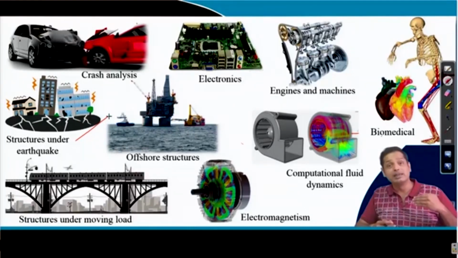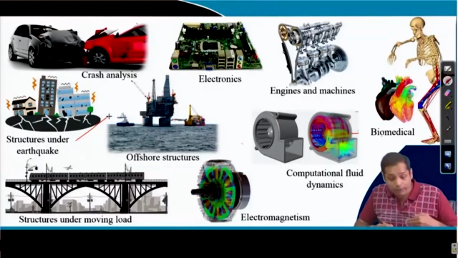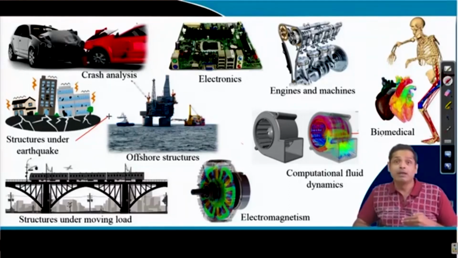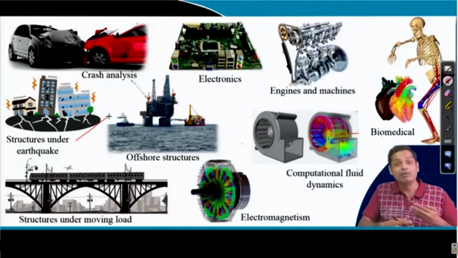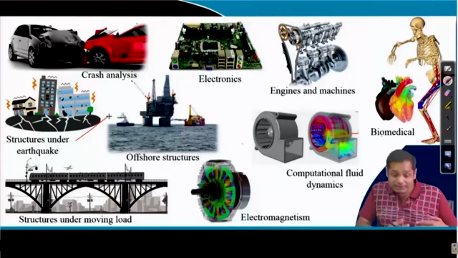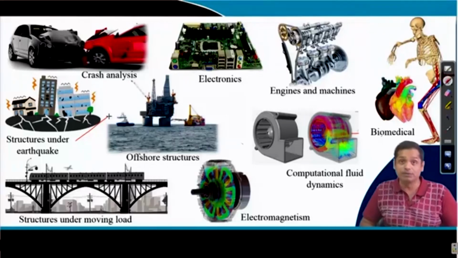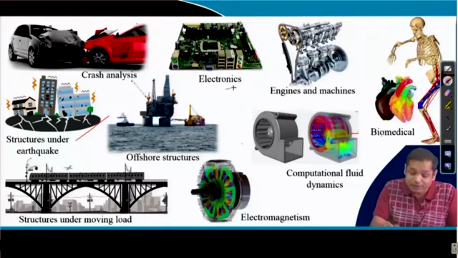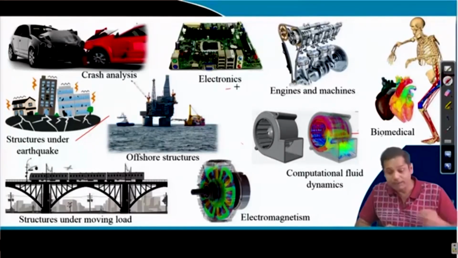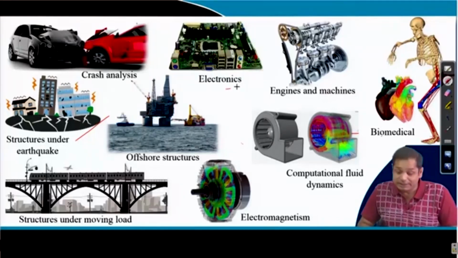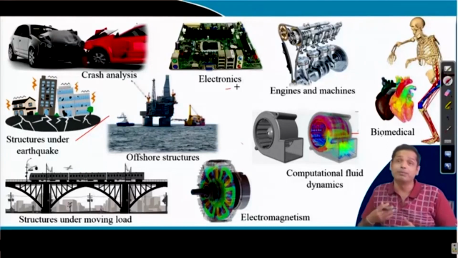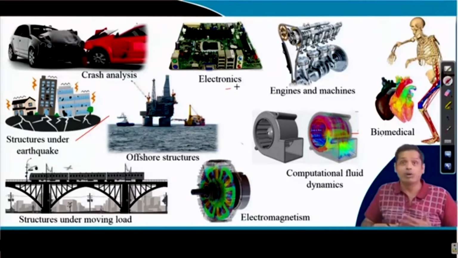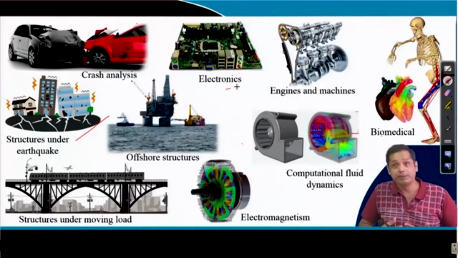Offshore structures generally encounter wave loading and current loading. When they encounter this kind of loading, what are the stresses generated in different components of these structures? Then the electronics chip, when it is subjected to the kind of environment it is used in. Then engines and machines, with continuous operation, what would be the fatigue stresses generated?